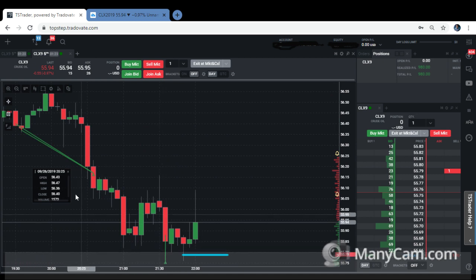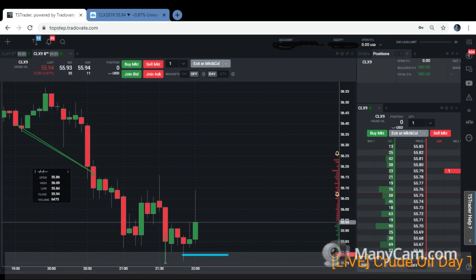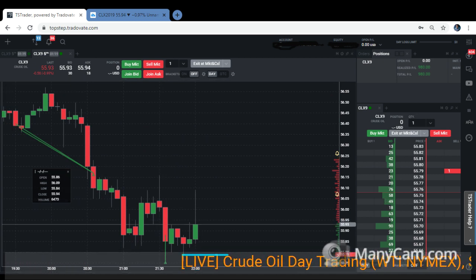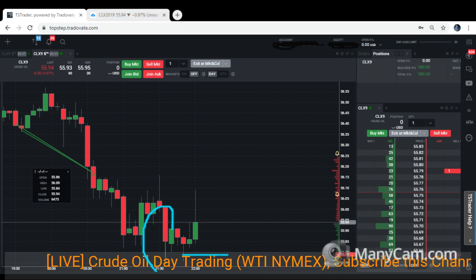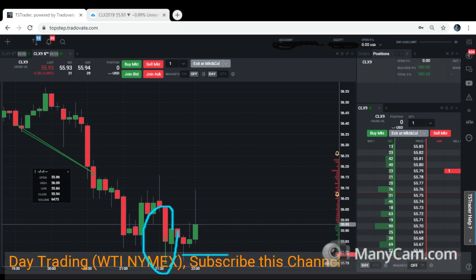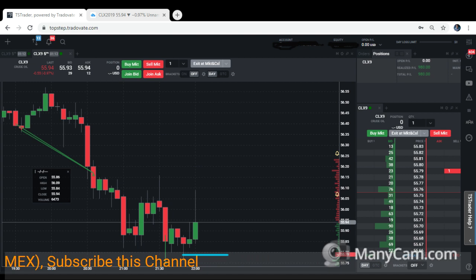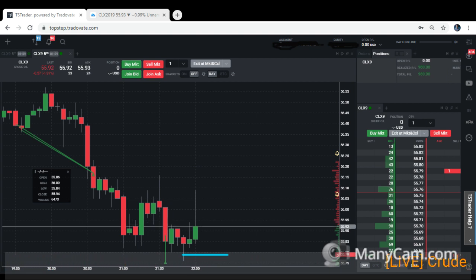This is also my US session signal. The small triangle is the profit taken during the London session. So now it's more than 100%.